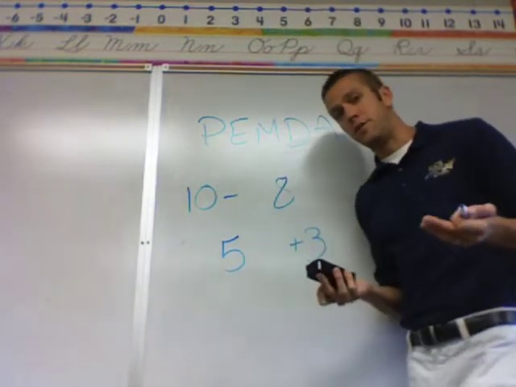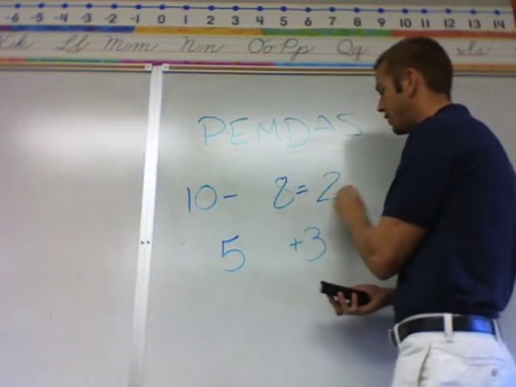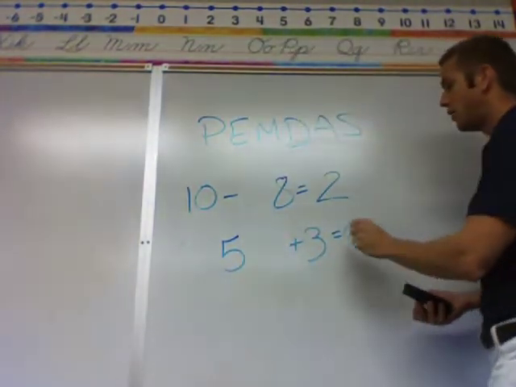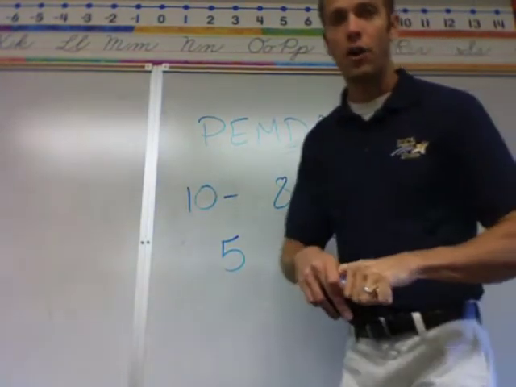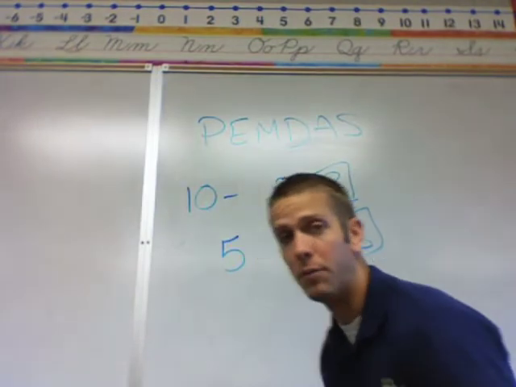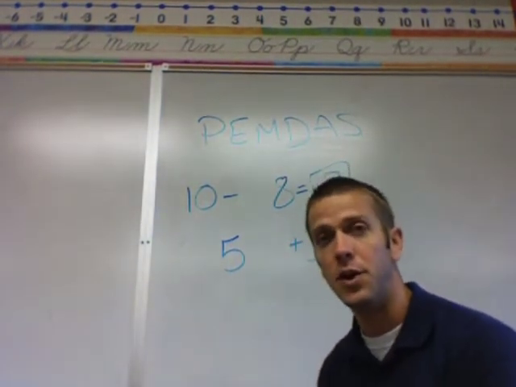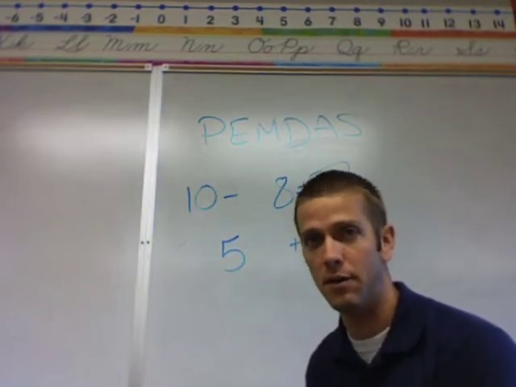And now look at our two problems. 10 minus 8 is 2, and 5 plus 3 is 8. Two different answers, and both are correct because they pertain to the problem with the parentheses on them. It changed things. So you have to do the parentheses first, or you might get the answer wrong.